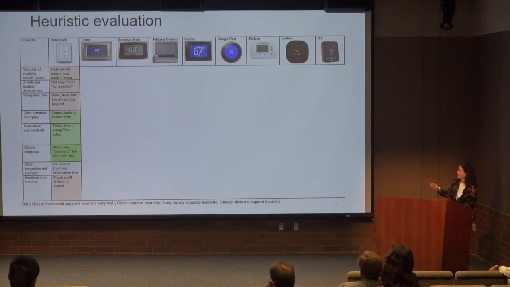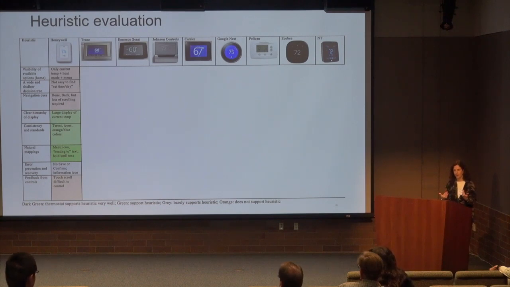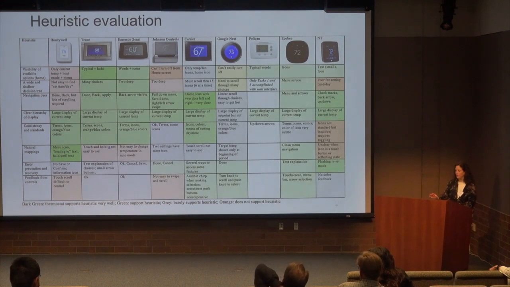Like the dark green did really well, was pretty usable. That heuristic was supported by that thermostat. And the orange is that the heuristic was not supported by that thermostat. I'm going to predict that thermostat's going to have some usability issues. And so we did this across all of the thermostats. And it kind of gives you a picture of which thermostats I would predict, again, would be more usable or less usable.